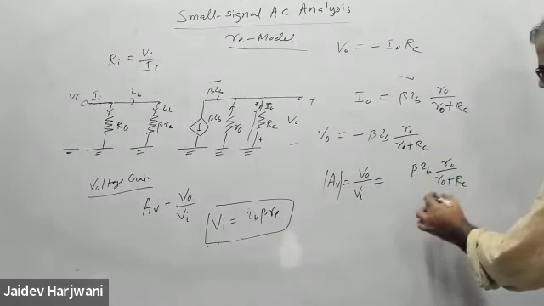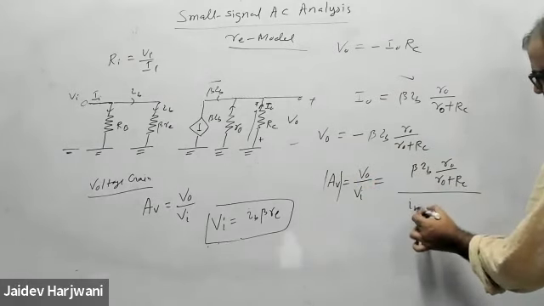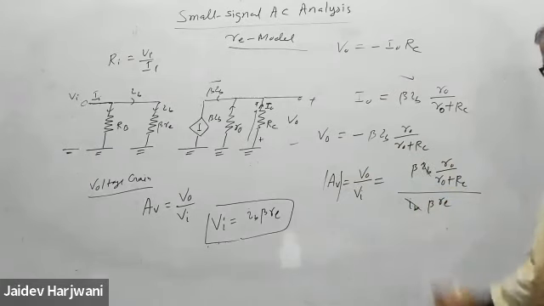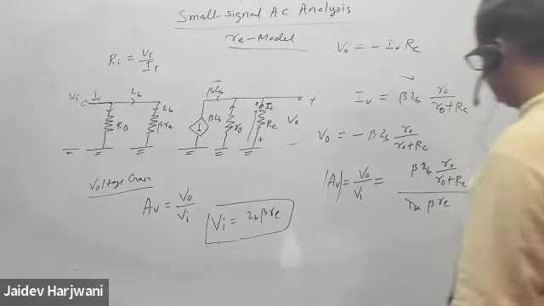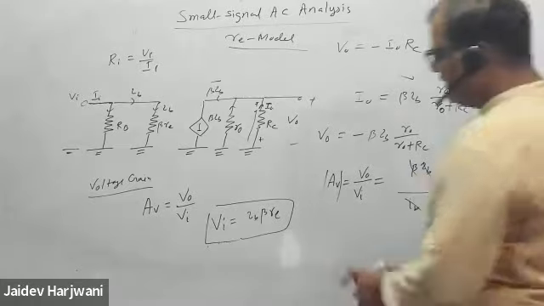Dividing by V input, which is IB beta RE, IB cancels and beta cancels. So now what will my voltage gain be?